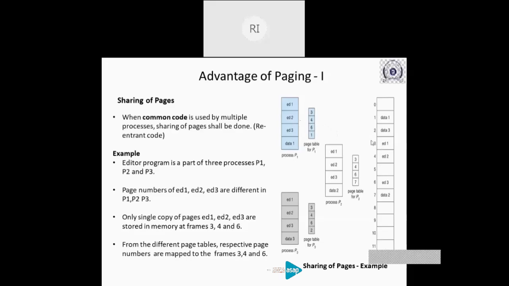Similarly, in the page table of P2 it is shown that the 0th page, ED1, is stored in frame number 3. The 0th page of P3 also has its own logical address space, but is mapped onto frame number 3. It is enough to keep exactly one copy of the program that is shared, so that we can save the space.